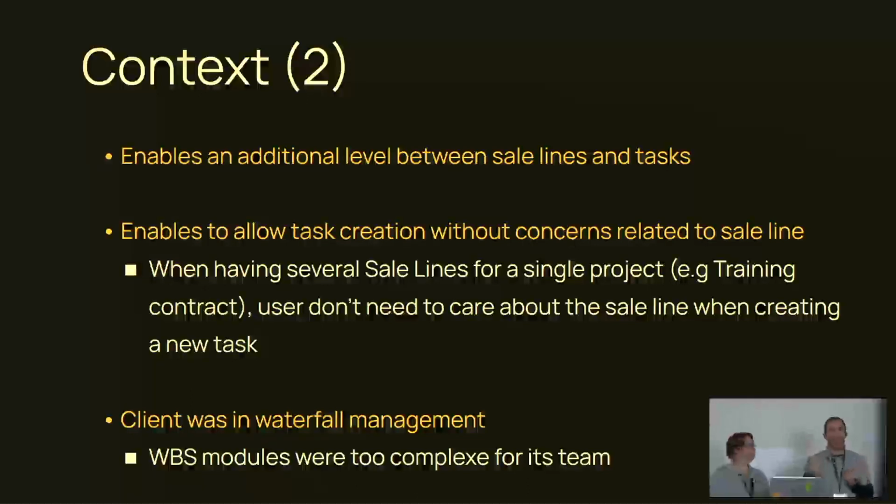But you don't necessarily want to ask your user to remember the product name, so with the milestone, you may give a more readable label for him to select the right milestone and then the sell line associated. So that's pretty much it for the context.